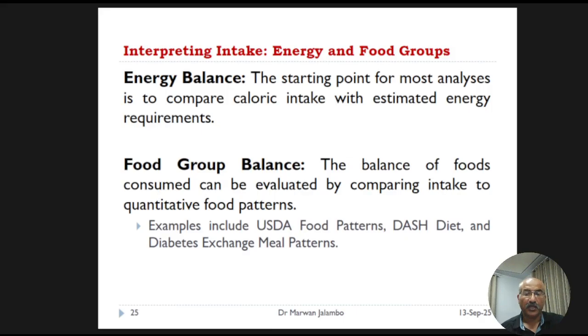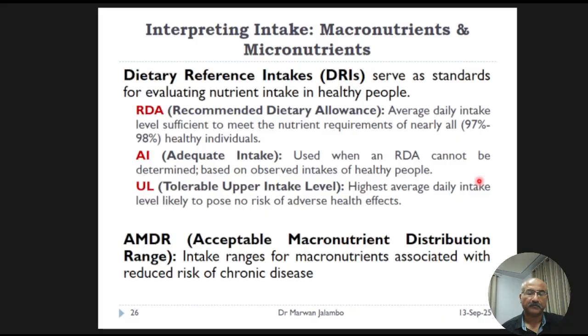list. From food groups, we can drill down even further to specific nutrients. So to evaluate the adequacy of the client's macronutrient or micronutrient intake, we compare their consumption data to a set of standards known as dietary reference intake or DRI.